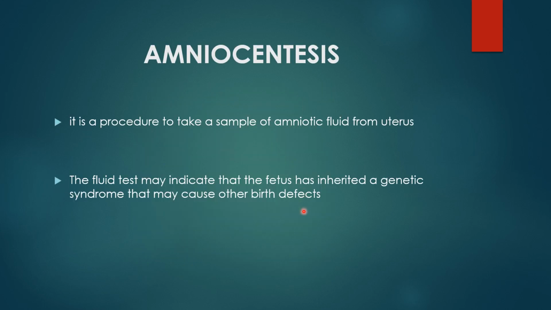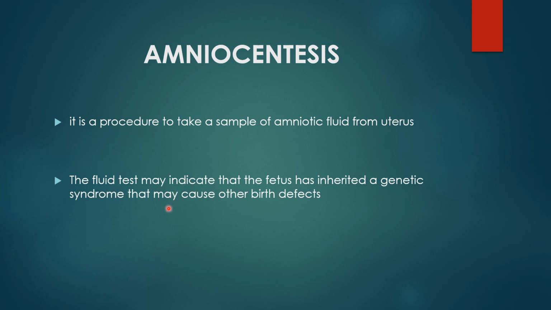Another diagnosing tool we have is the amniocentesis. Amniocentesis is actually the test regarding the amniotic fluid from the uterus. This prenatal screening involves a procedure in which a sample of amniotic fluid is taken from the uterus.